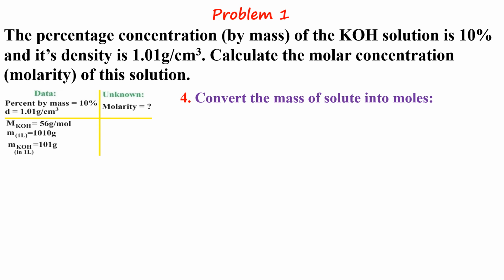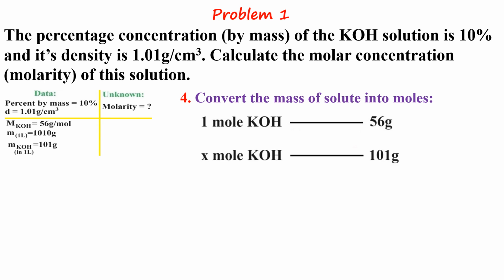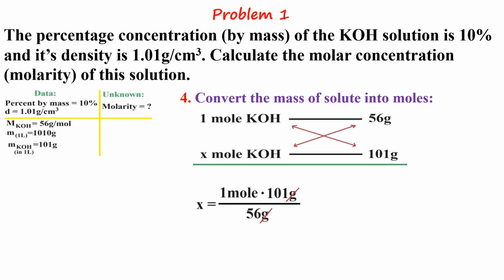The next step is to convert the mass of solute, in our case potassium hydroxide, into moles. 1 mole of potassium hydroxide weighs 56 grams. So X moles of potassium hydroxide weighed 101 grams. We calculate X. X equals 1 mole times 101 grams divided by 56 grams.